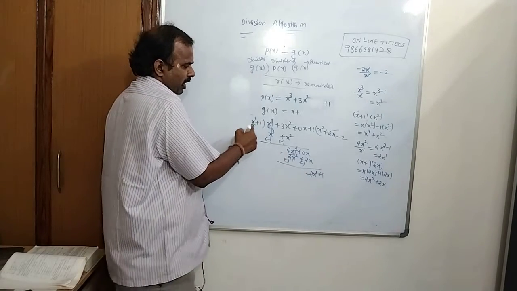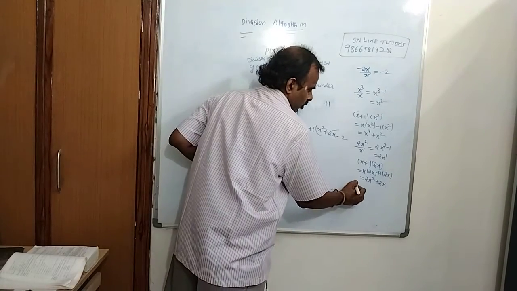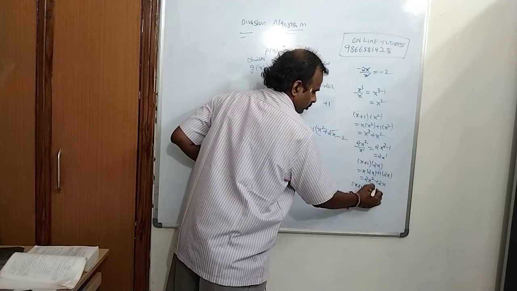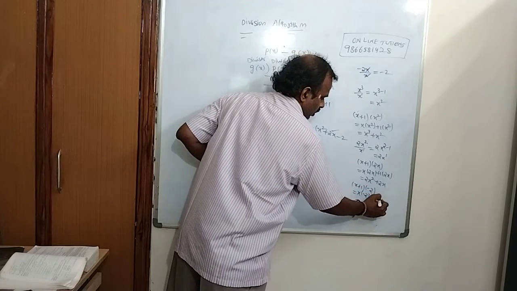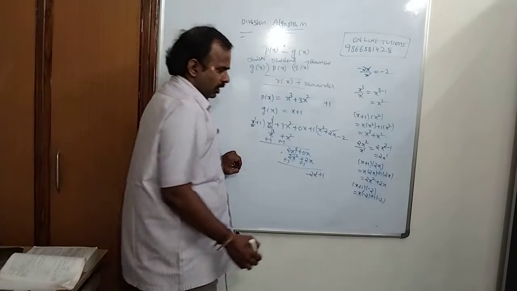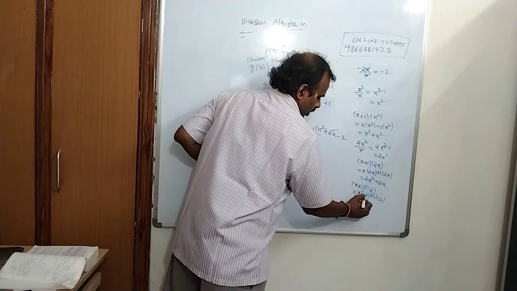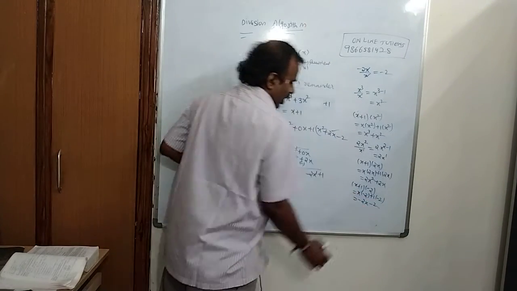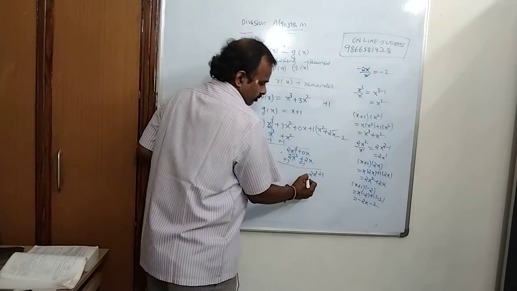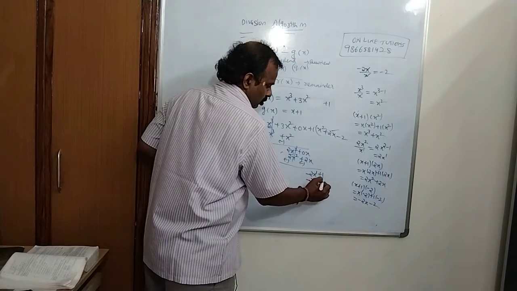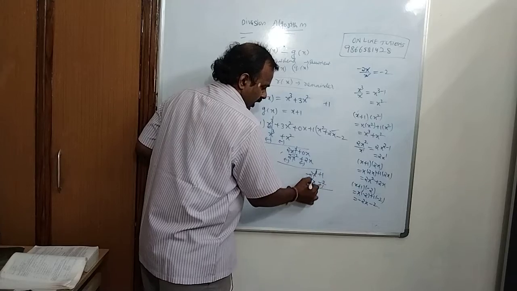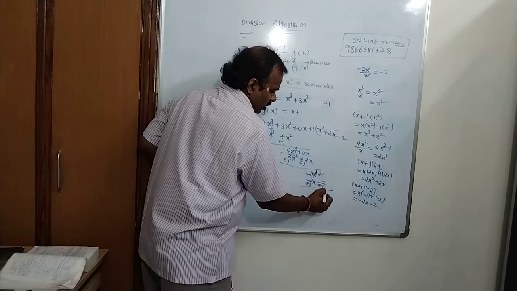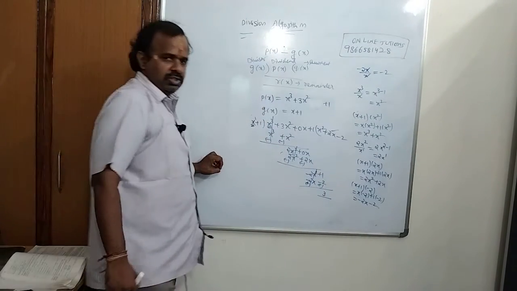Once again multiply x plus 1 with minus 2: x into minus 2 plus 1 into minus 2, that is equal to minus 2x minus 2. So here minus 2x minus 2, plus, these two will get cancelled. 1 plus 2, it is 3.